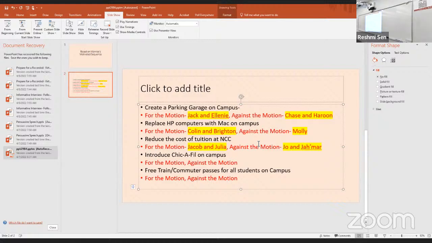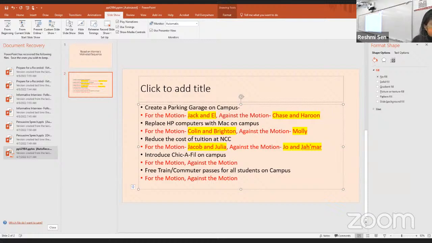Let's see. Create a parking garage. We have Jack and Eleni. Okay, create a parking garage on campus, right? Which one did y'all do? We did, sorry, lowering tuition. Oh, lowering tuition. So who did this one? Create a parking. Oh, you guys did that. Sorry about that.